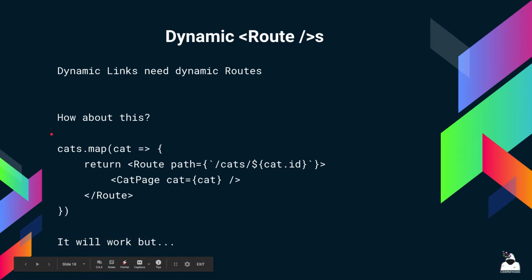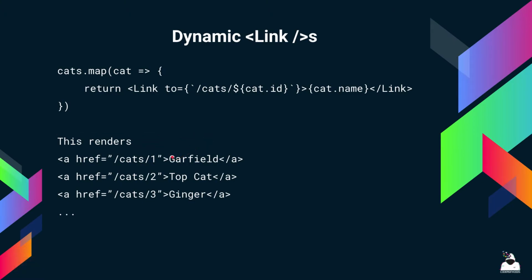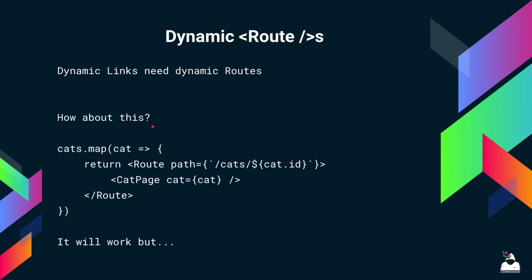So if you look back at the links, we want to have links to 3 different cats, right? Cat 1, cat 2, cat 3. What you could potentially do in your router is hard code all your cat URLs. You would say, I want to have 3 different routes.